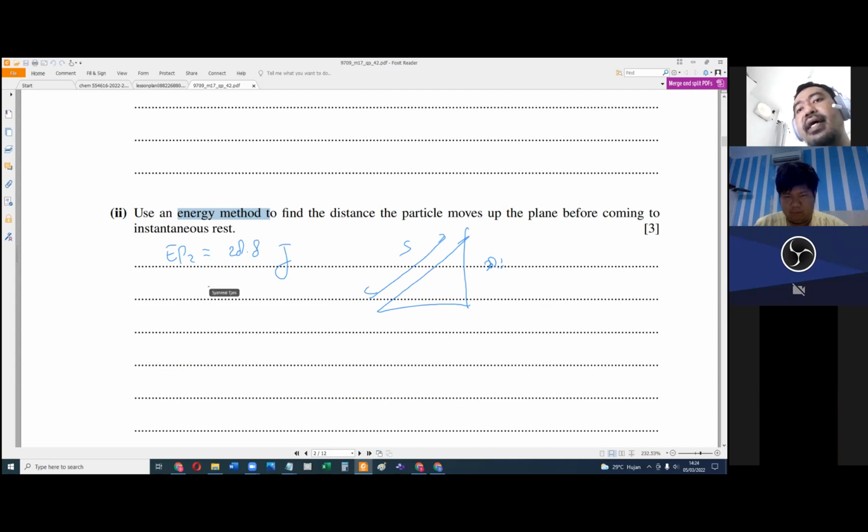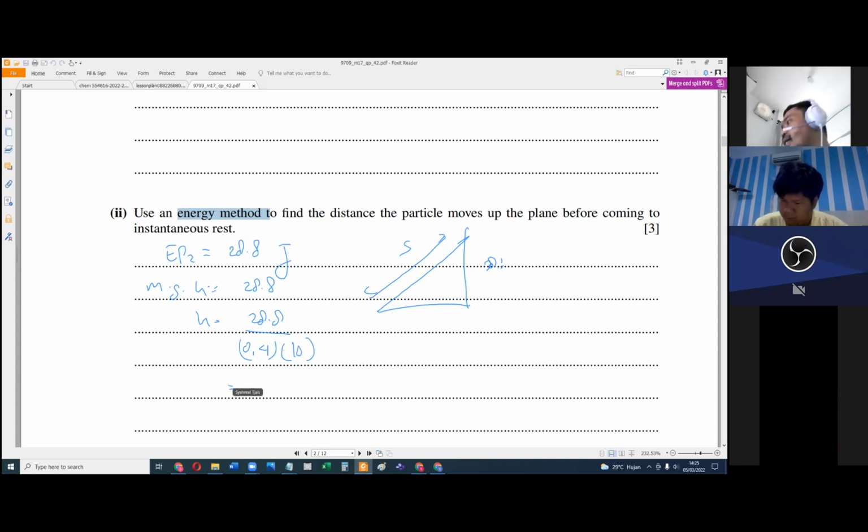Potential energy is mgh, which is 28.8. So h is 28.8 divided by the mass 0.4 and the gravity. For mathematics, we use gravity of 10.